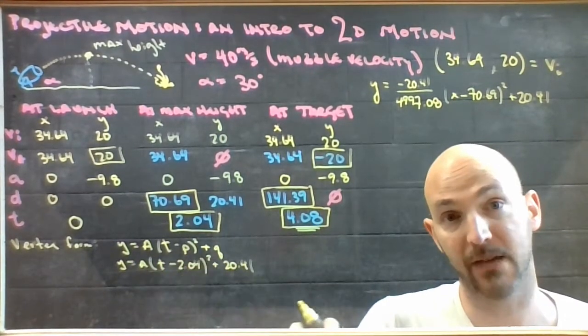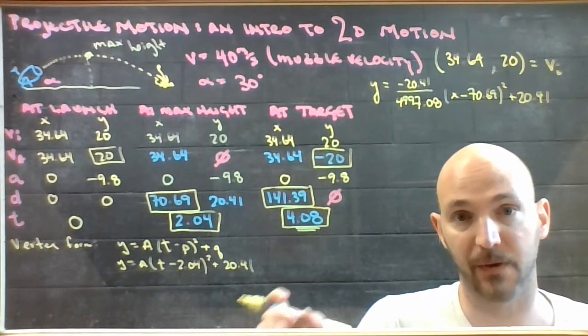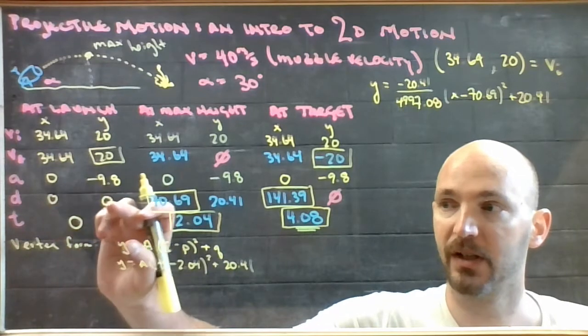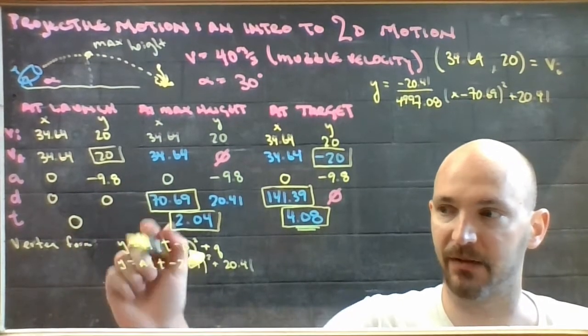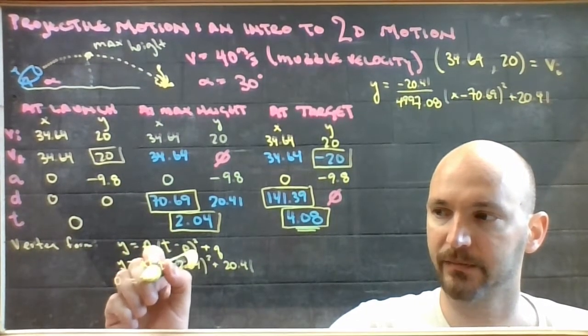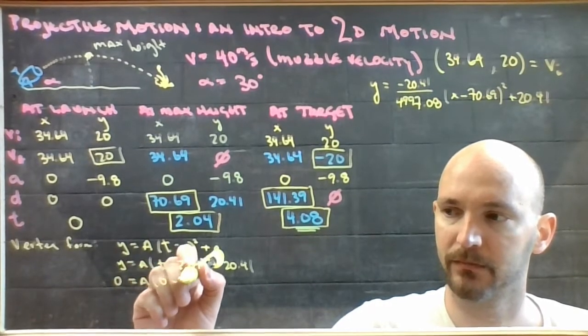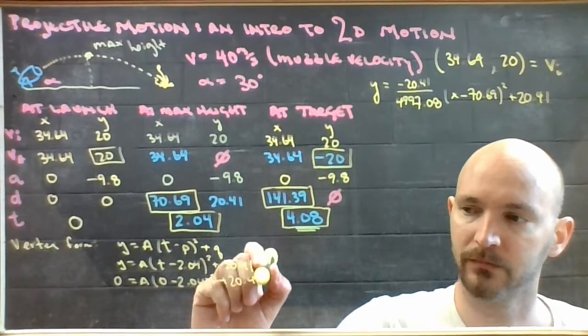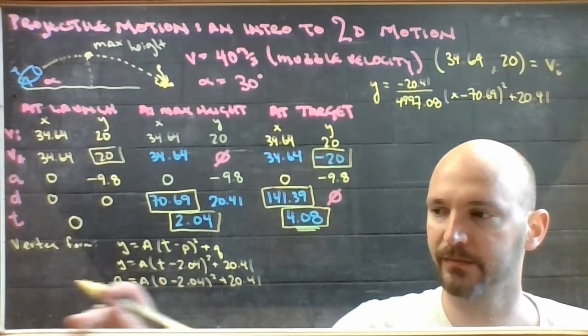So to get that A value, I just need to use another point on the parabola that I know about. And so at launch, the height is 0 and the time is 0. So I can get away with that again. I'm going to kick this over to the other side.